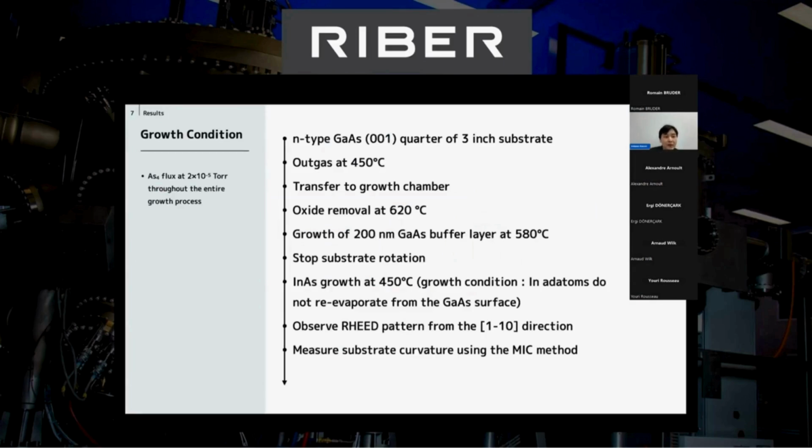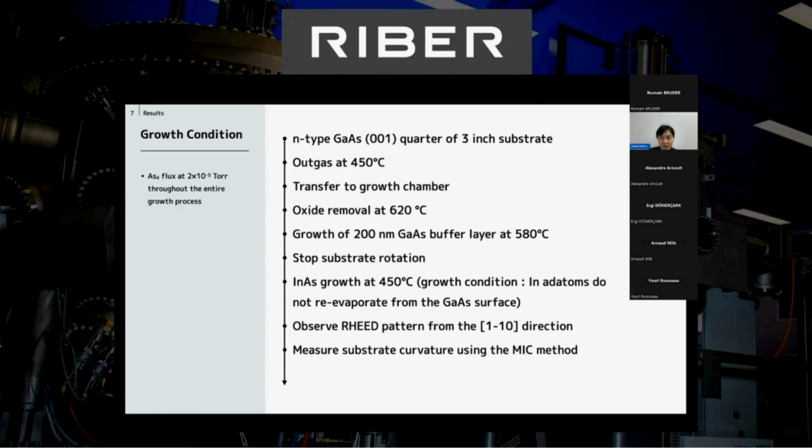This is the growth condition and growth sequence. An epi-ready gallium arsenide quarter of a 3-inch substrate was used. It was outgassed at 450 degrees Celsius, then transferred to the growth chamber, and oxide desorption was done at 620 degrees Celsius. Then we grow the gallium arsenide buffer layer, stop the substrate rotation, and check the indium arsenide growth at 450 degrees Celsius.